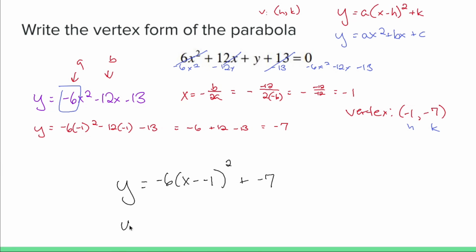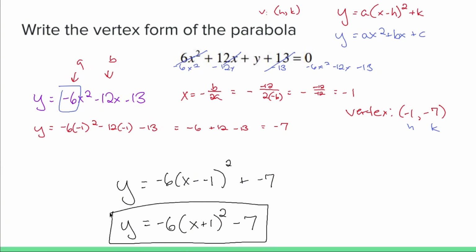So my final answer: y equals negative 6 times the quantity x plus 1 squared minus 7. And that is that.